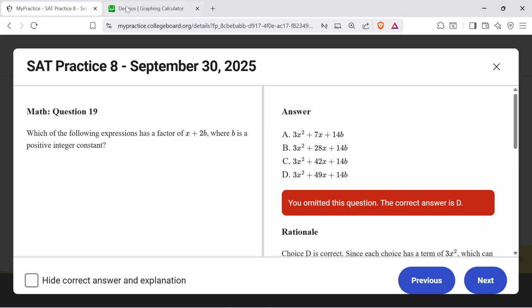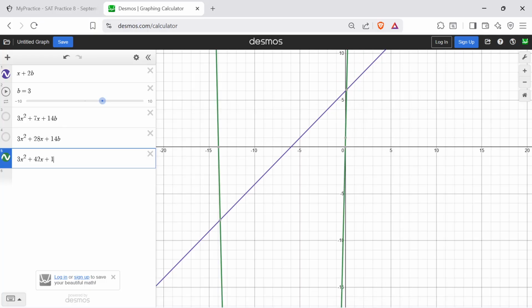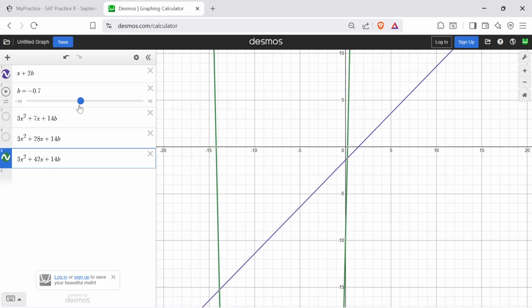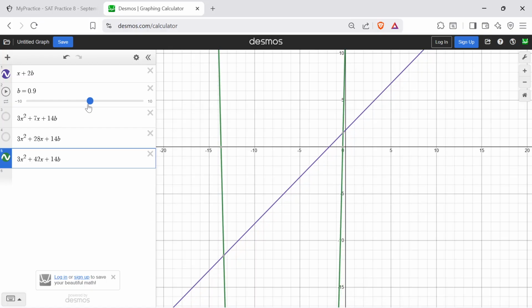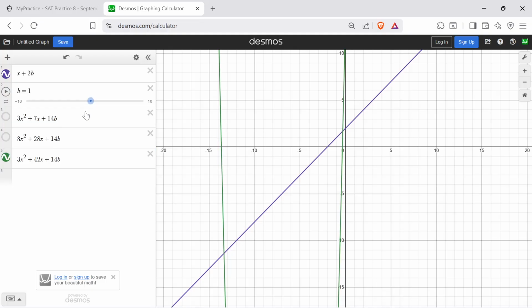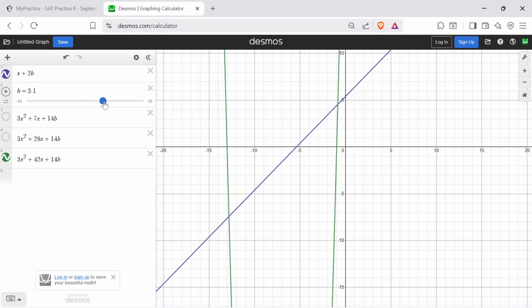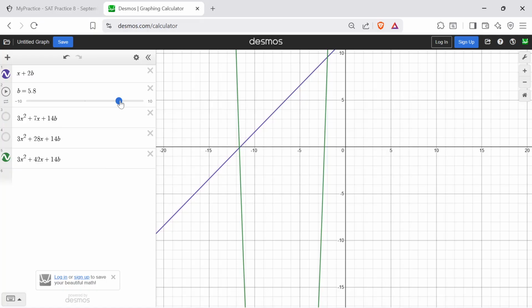3x squared plus 42x plus 14b. Let me try this one. I'm going to start at b is 1. See what happens here. Okay, there's b equals 1, and I go like this, and the one on the right doesn't, but the one on the left could make it at some point right about there.